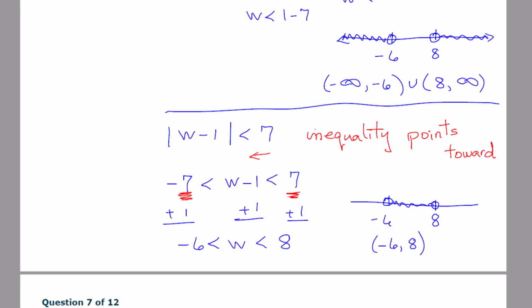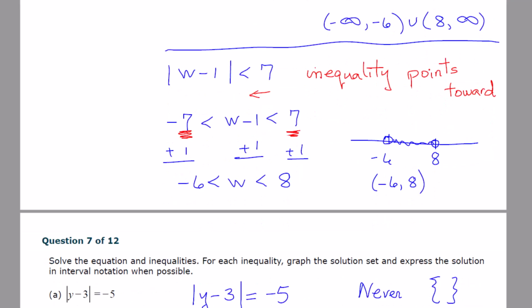If it looks toward, I trap it in the middle. I then work on all three parts. I want to isolate w. 7 and 1 is 8, minus 7 and 1 is minus 6, and I get all the stuff in the middle. They are open dots because I don't have any equal, and so I get parentheses on the two sides.